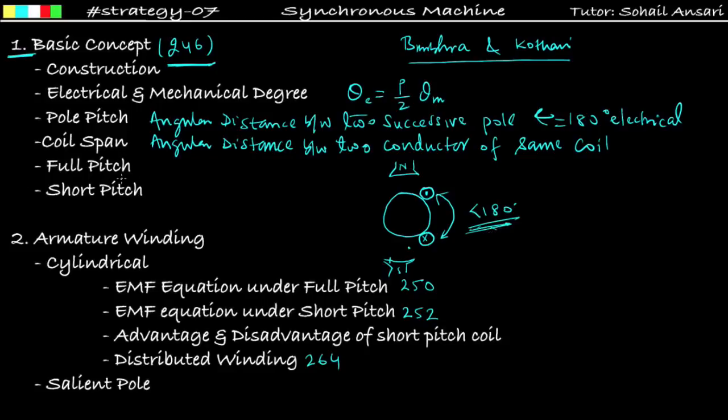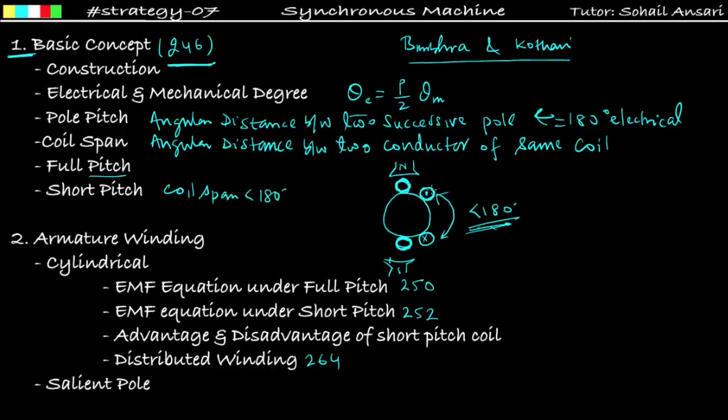Okay, then move to the full pitch coil. What do you mean by this? Full pitch means if one conductor is available at the north pole, then the other conductor must be available at the south pole, so that both conductors will get maximum EMF. That is the full pitch coil. Okay, now talking about the short pitch coil. Short pitch coils are those coils whose coil span is less than 180 degree, that we have seen while giving you the definition of coil span.